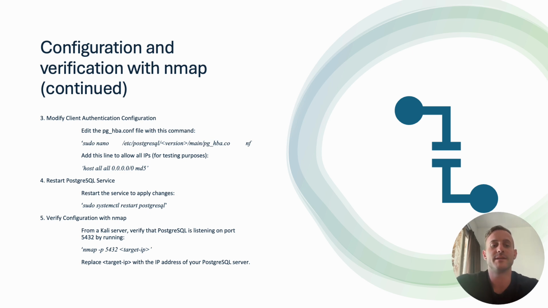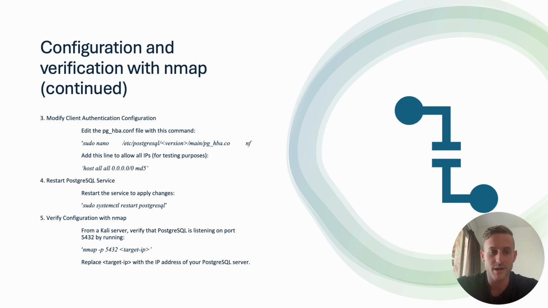So the third step is to modify client authentication configuration. Edit the pg_hba.conf file with this command here. sudo nano obviously pulls up the file for editing, and add this line to allow all IPs for testing purposes. Naturally, we're going to edit this later once we get it up and running.